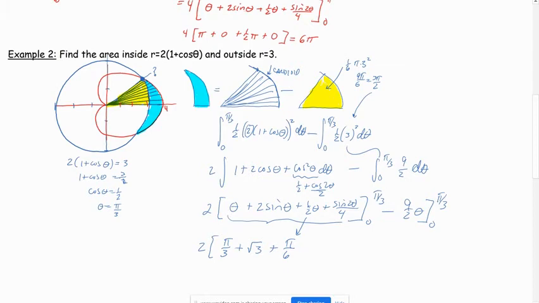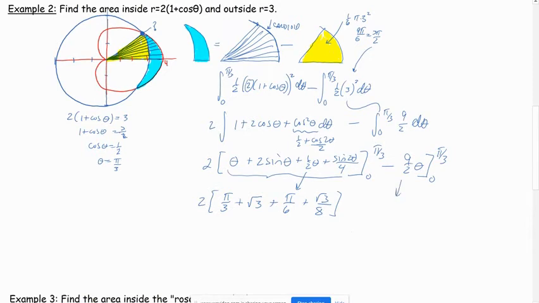If we divide by 4, then we get root 3 over 8. And when we plug in 0, they all become 0. This becomes minus 9/2 times pi over 3.